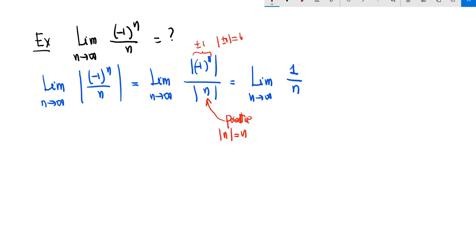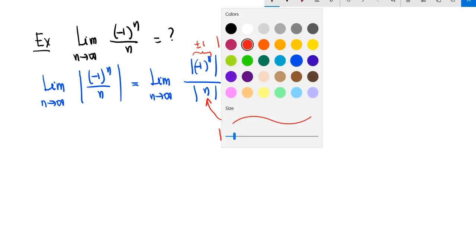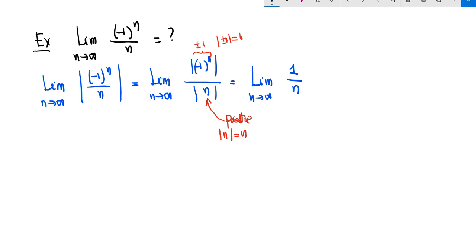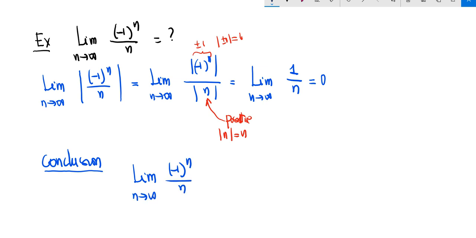All right, and then we know, of course, that 1 over n goes to 0. So since the limit of the absolute value of this sequence is going to 0, we conclude that the limit of (-1) power n over n as n is approaching infinity must be 0.